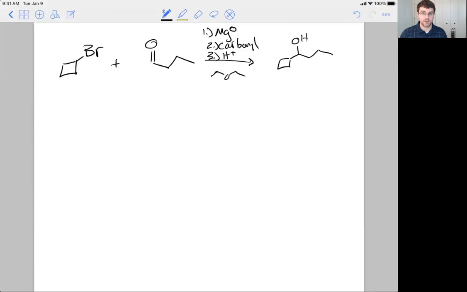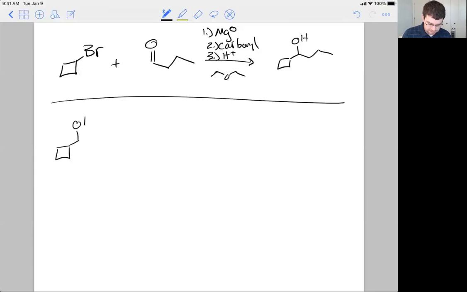Once we identify the strategic disconnection, we just have different things drawn attached to bromine and attached to our carbonyl. Now, what I mentioned was there were 2 possible strategic disconnections, and I think that's true for the most part. There might be some examples, but if this is our carbonyl carbon, an alternative strategic disconnection could have been over here.